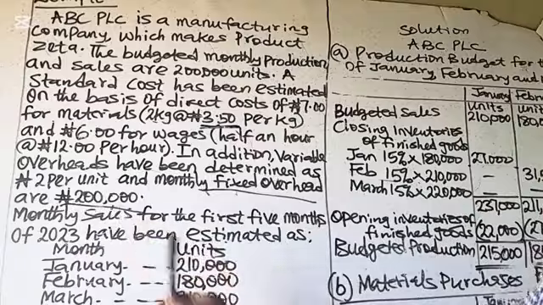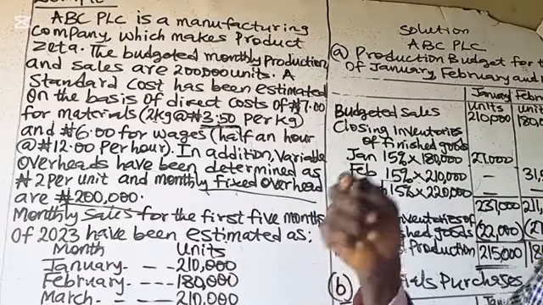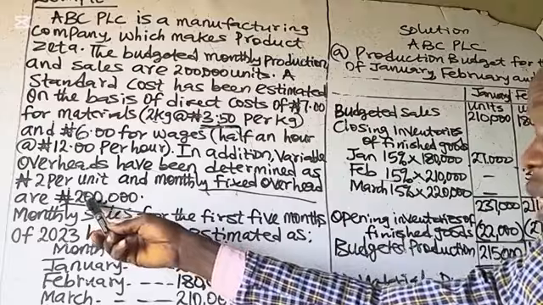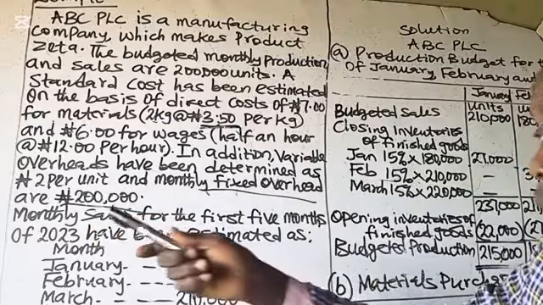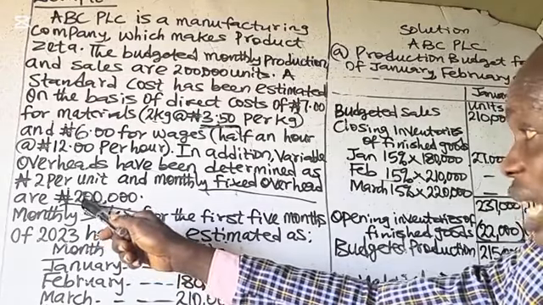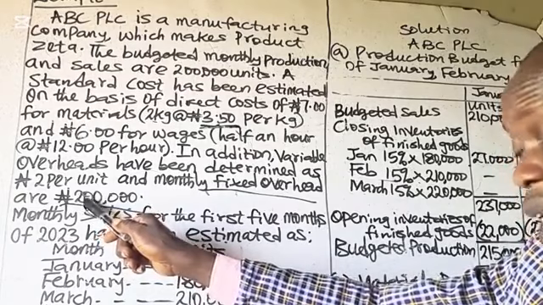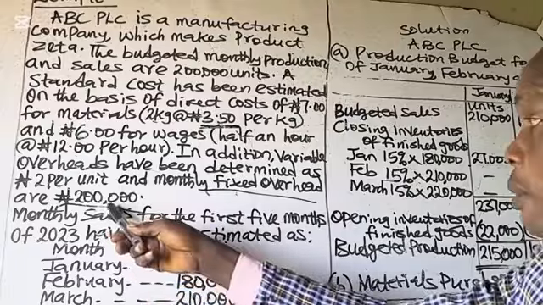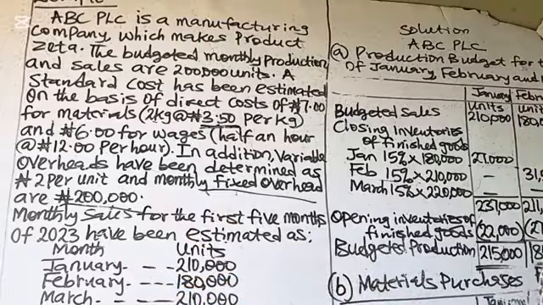So this is the fixed overheads incurred on a monthly basis. Remember, you were told in the note that it includes depreciation of 25,000. That means we will need to subtract 25,000 from 200,000, and you'll be getting 175,000. The amount payable on a monthly basis becomes 175,000.